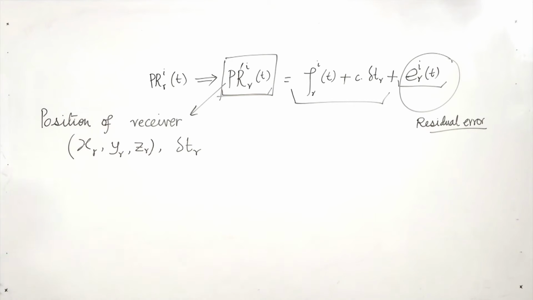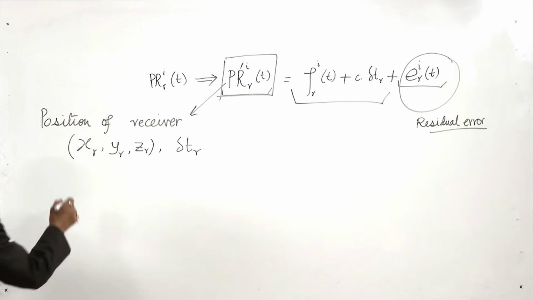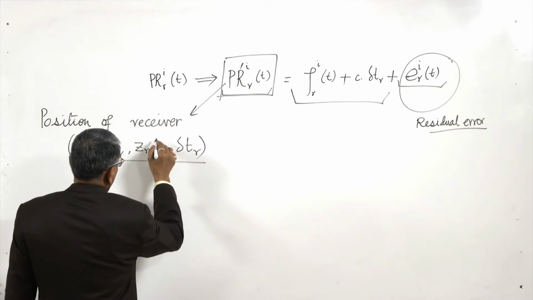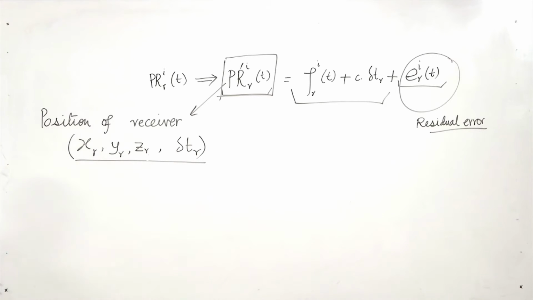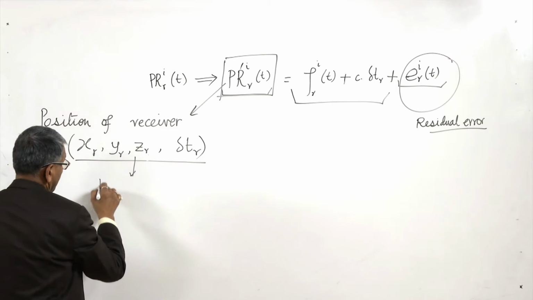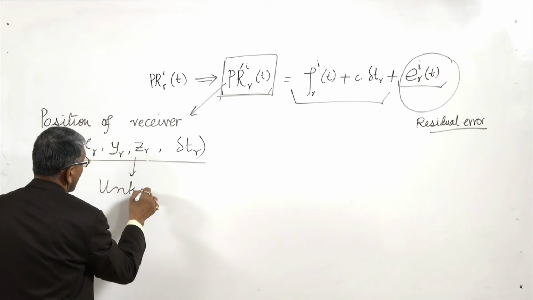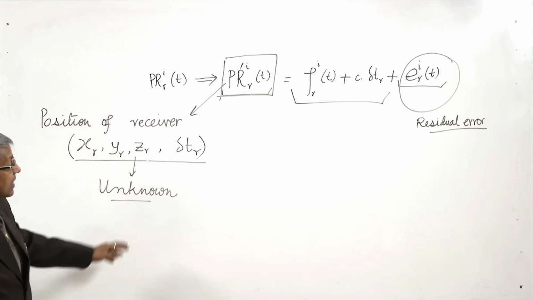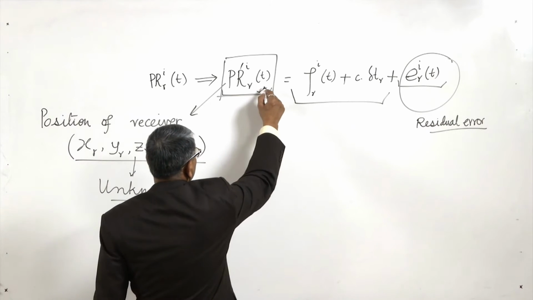To get the GPS position we need to find out these 4 parameters. These 4 parameters are the unknowns, which have to be determined by using this value.